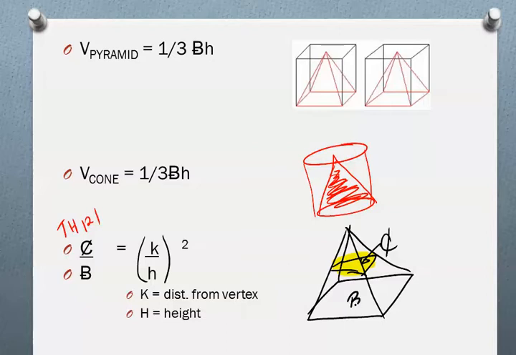This down here would be considered the base. From the cross-section to the vertex would be considered K, the distance to the vertex. And then obviously the height is from the vertex to the base.